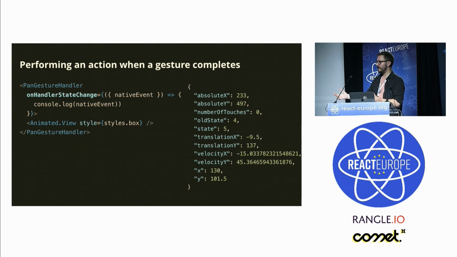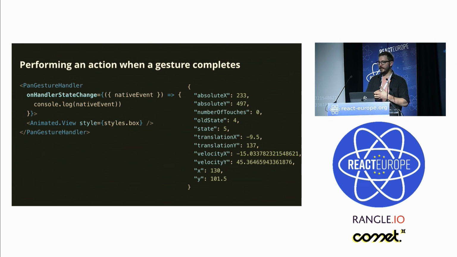You might want to animate it to some other position, right? In the case of a modal, you kind of have to decide, has the user moved the modal far enough that I want to animate it out and dismiss the modal, or do I want to reset it back to its original position?